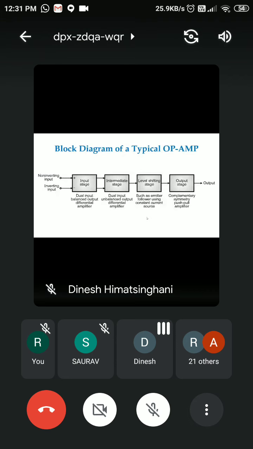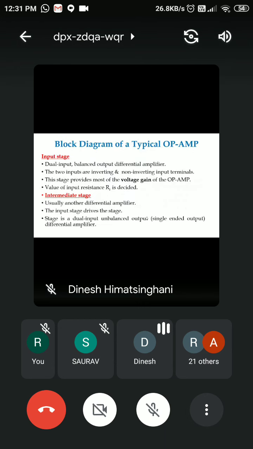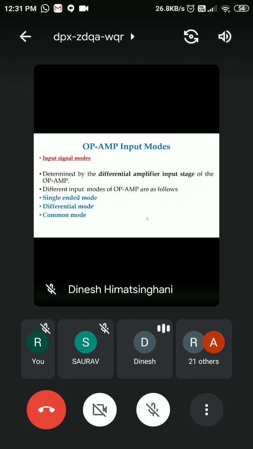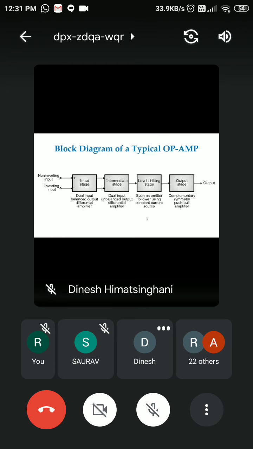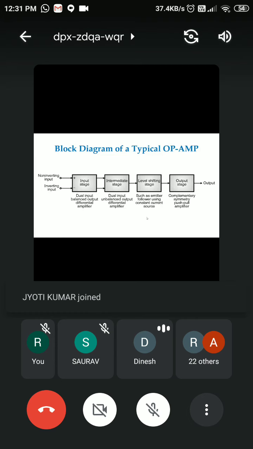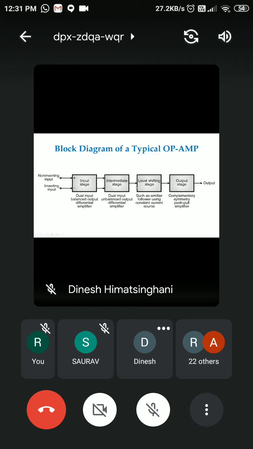Let me now move ahead to the block diagram of a typical op amp. This is the block diagram of a typical op amp. Let's understand this. Typically, inside the op amp, there are 4 blocks. One is the input stage. Then there is an intermediate stage. Then there is a level shifting stage.